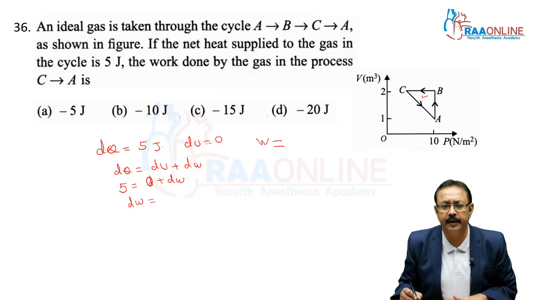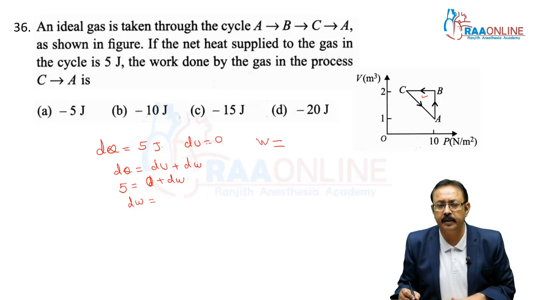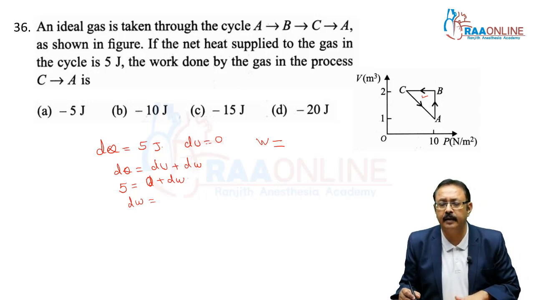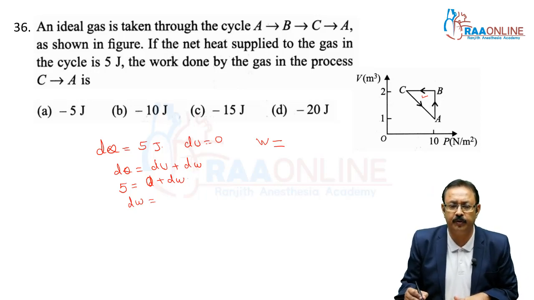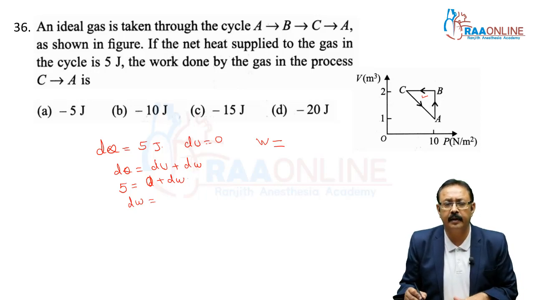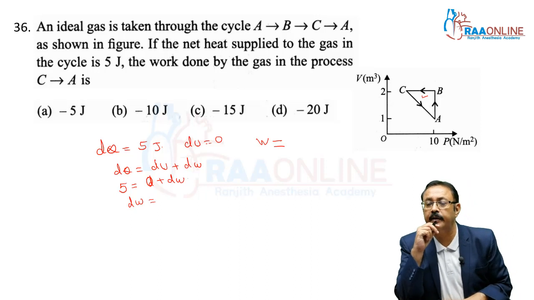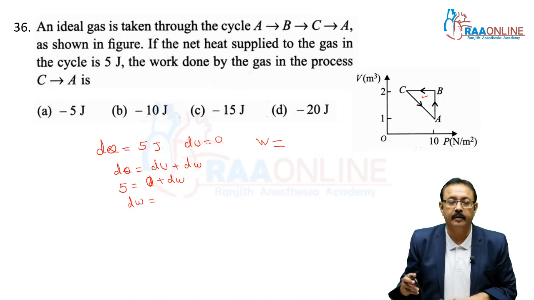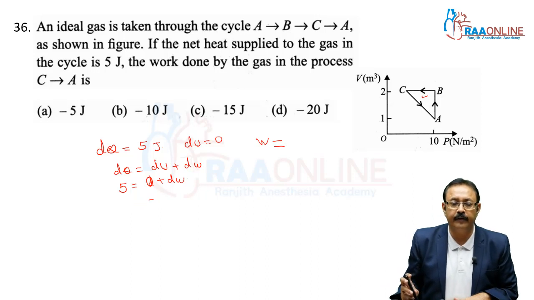Ideal gas is taken through the cycle A to B, then B to C, then C to A. If the net heat supplied to the gas in the cycle is 5 joule, the work done by the gas in the process C to A, we want to calculate only from C to A, not total.